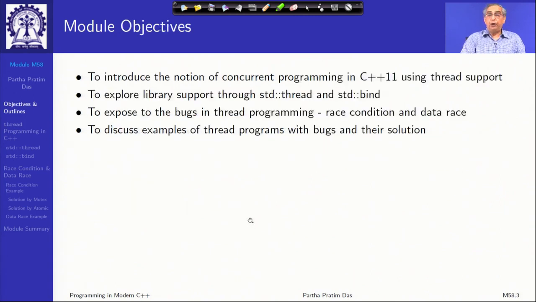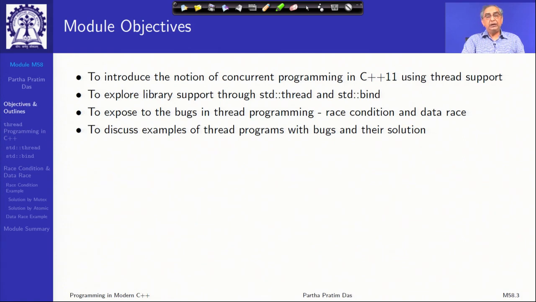In this module today, we are going to introduce the notion of concurrent programming in C++ using C++'s own thread support. For this you will need to have some understanding about concurrent programming, which I will assume that you have.